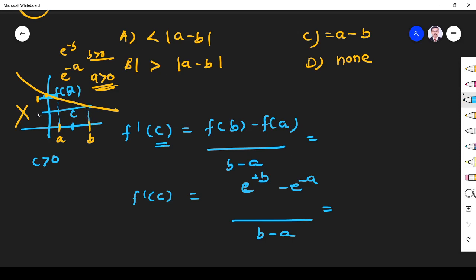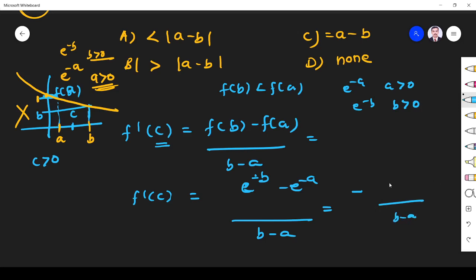So always f of b is less than f of a in e power minus a where a is greater than 0, and e power minus b where b is greater than 0. You see from this, f of b is always less than f of a. So it will be negative. Clear? So the denominator b minus a, that is positive.